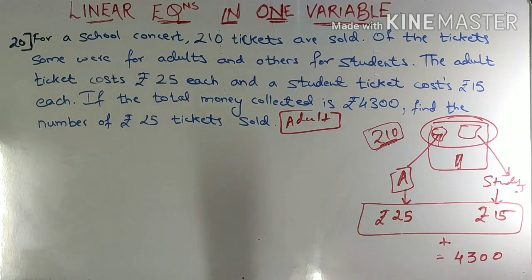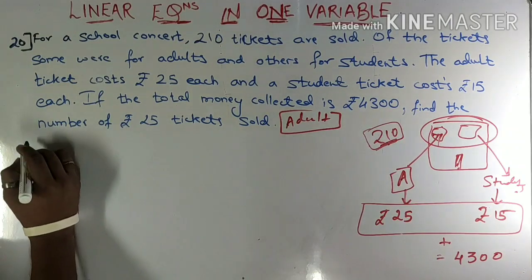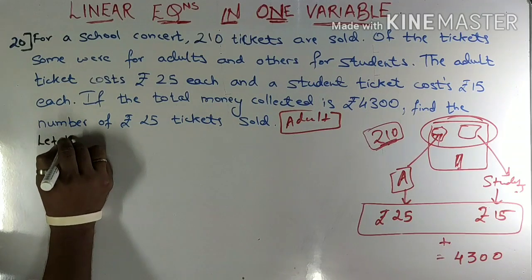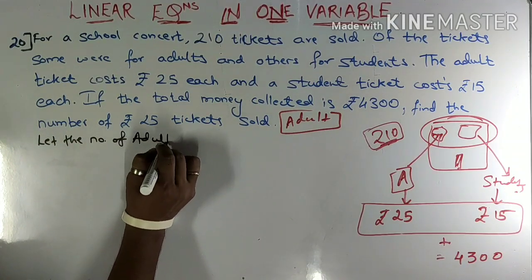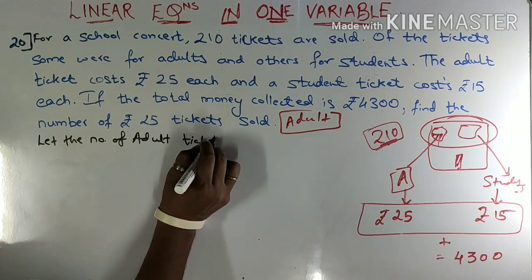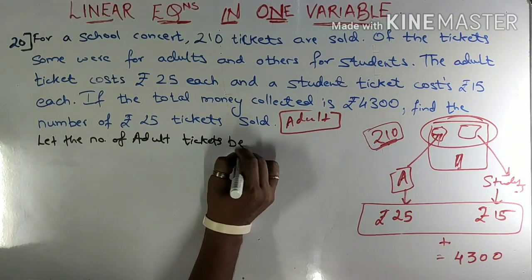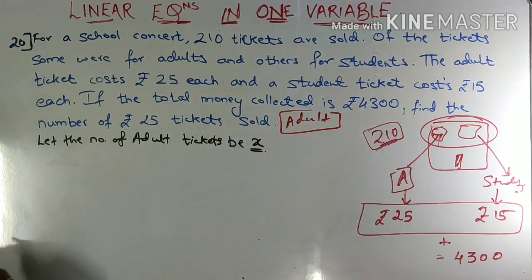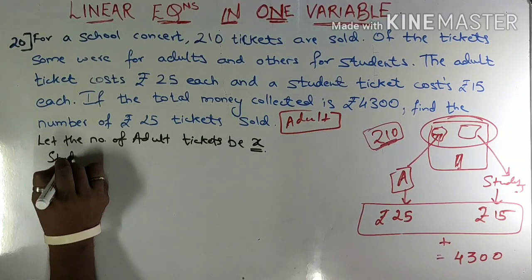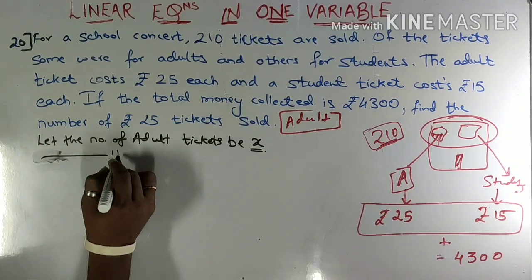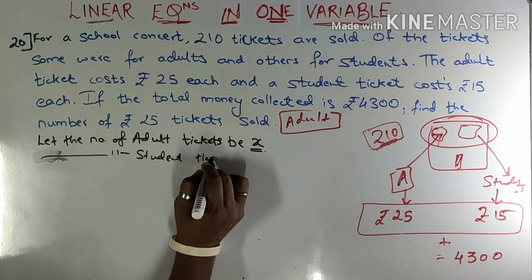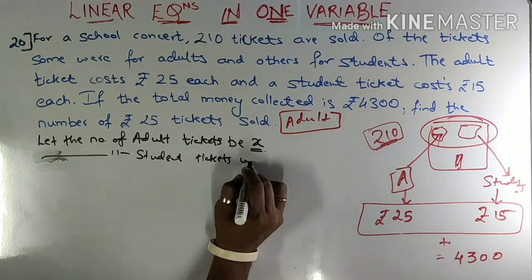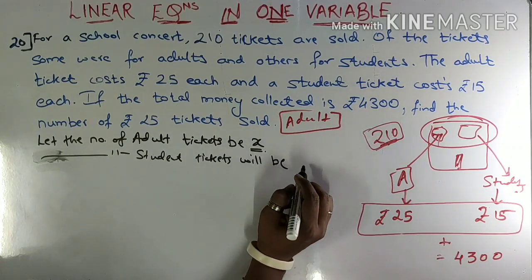So let us assume that the number of adult tickets sold be X. So the number of student tickets will be Y?